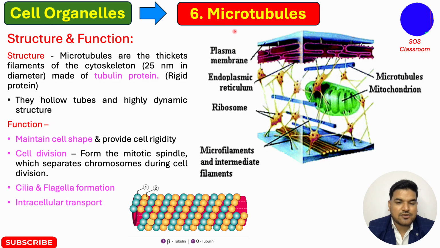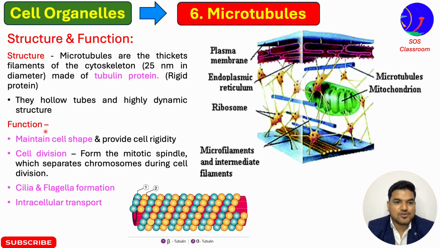The next filament is the microtubules. Microtubules are the thickest filaments of the cytoskeleton, 25 nanometers in diameter, made of tubulin protein. Tubulin is a rigid protein. They are hollow tubes, highly dynamic in structure. You can see the microtubules.